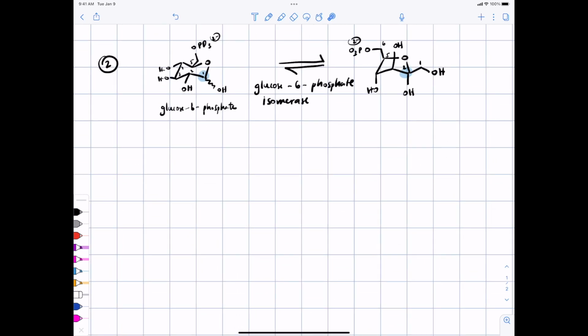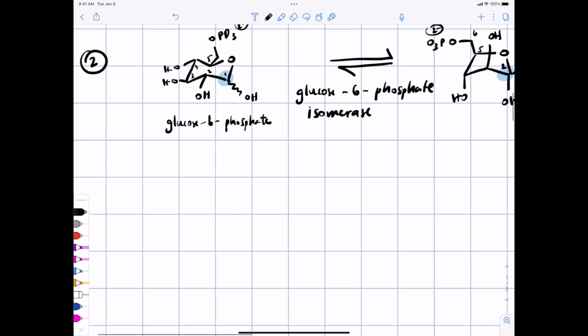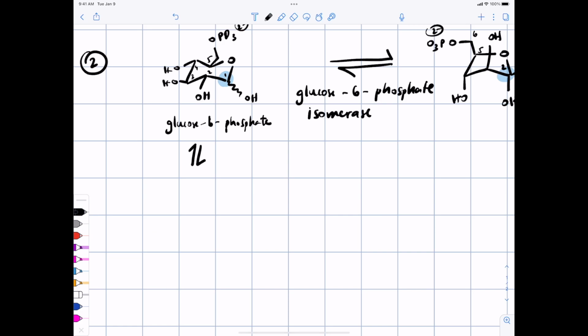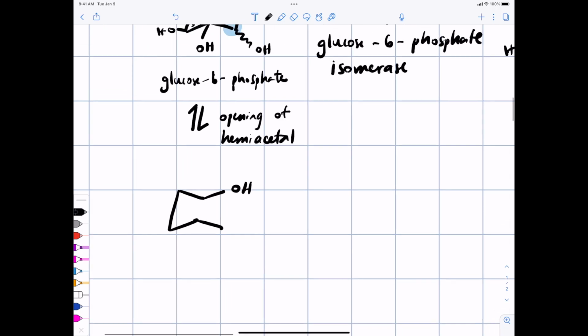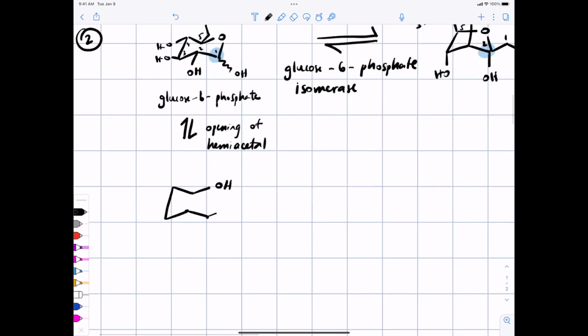Mechanism here basically just involves proton transfer. So I'm not going to show the mechanism of opening of a hemiacetal because you can do that or should be able to do that. So if we open up the hemiacetal, here's what we've got. Carbon 1 is an aldehyde.